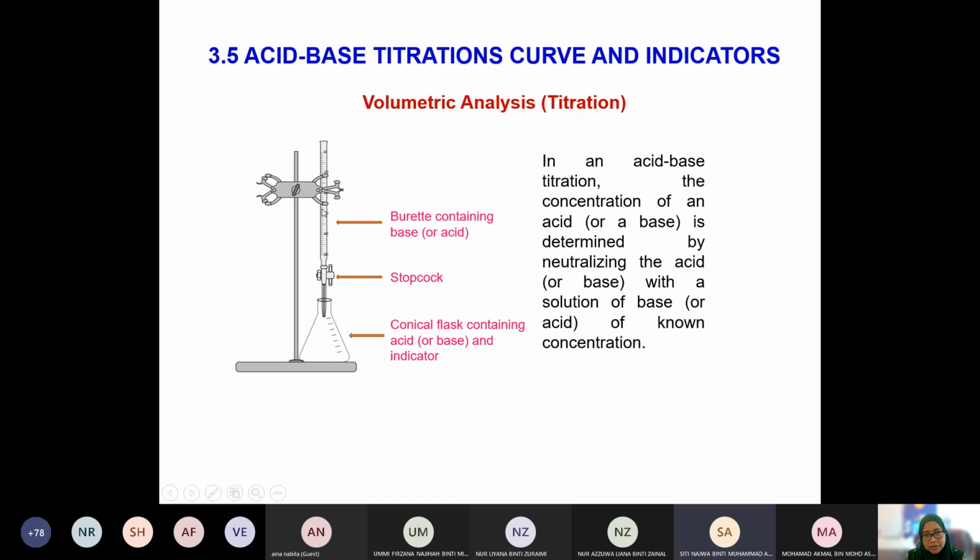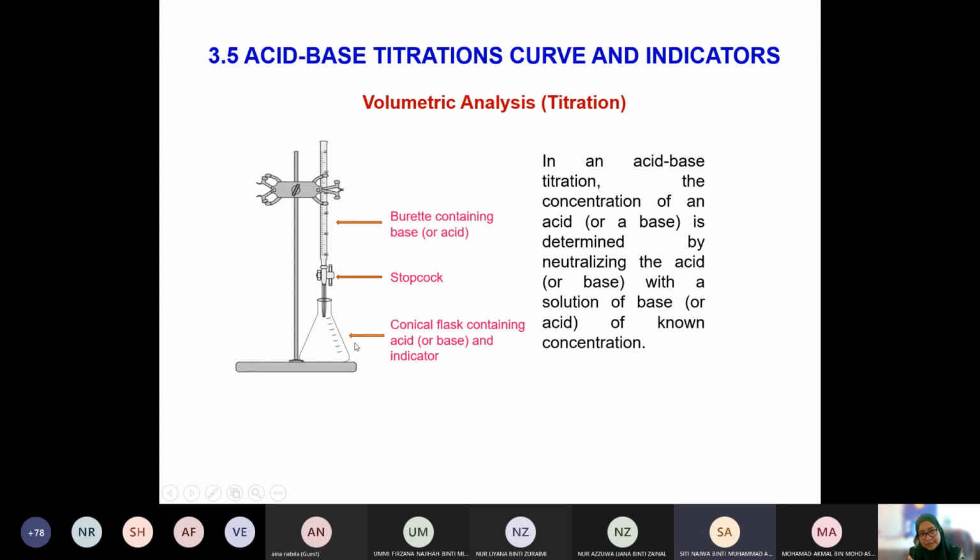You will start titrating, and based on the amount of base needed to neutralize all the acid, you will have the volume needed for the base to fully neutralize the acid.